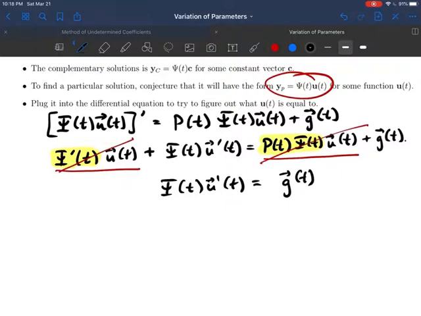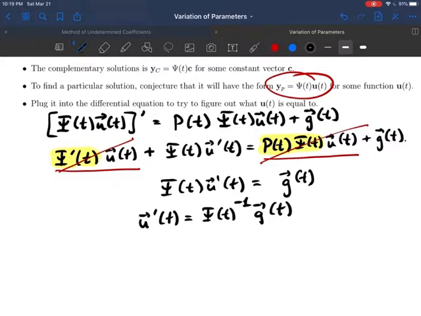So we need to get this c of t off of the front of the equation. How are we going to do that? Well, we just have to left multiply by its inverse. So that'll cancel out, become the identity, which disappears on the left-hand side, and on the right-hand side, it'll still be there. So we get u prime of t is equal to c of t inverse times g of t.